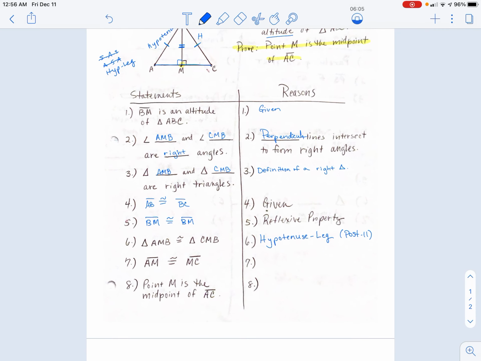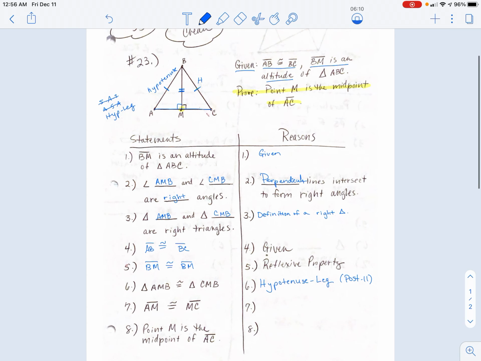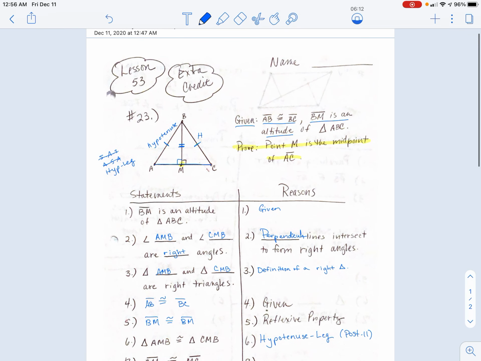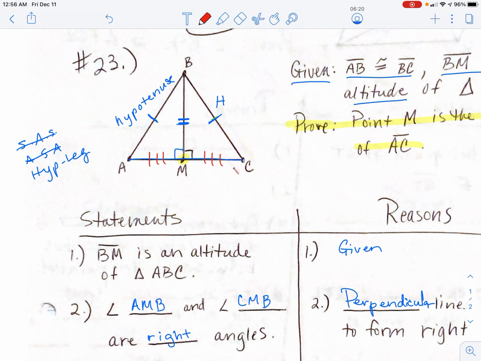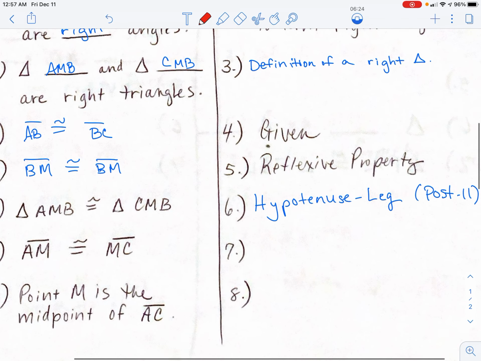Okay, so since we've proven our triangles congruent, then that does mean that AM and MC are congruent. So I'm going to mark those in red so you can clearly see those. AM is congruent to MC because those two triangles are congruent. So the corresponding parts are also congruent.